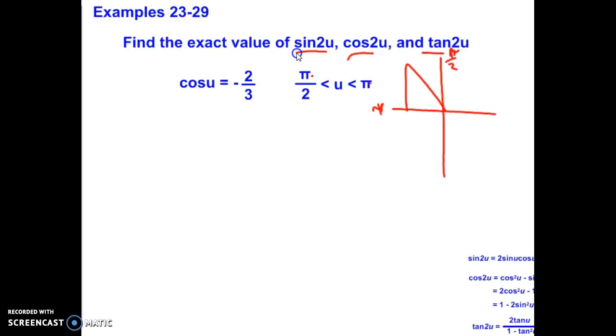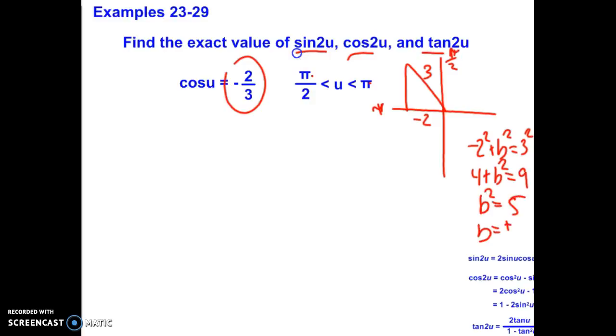It's in this quadrant. I can use my information to label my triangle. Because it's to the left, it's -2 here. This is a 3. And then I can use Pythagorean theorem to solve for my opposite side. 4 plus b squared equals 9. b squared equals 5. b equals plus or minus root 5.